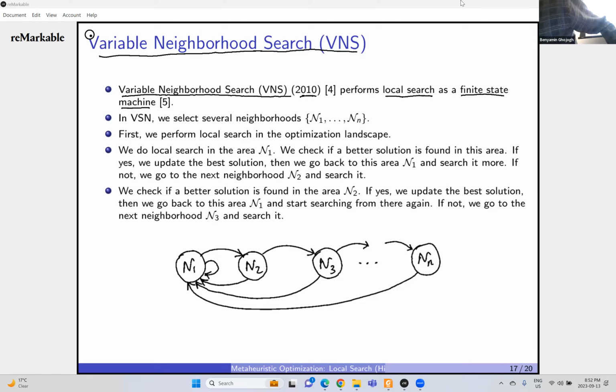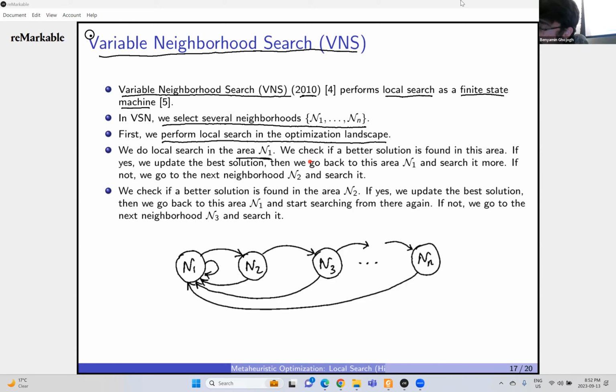And what does it do? First off, we select several neighborhoods, n1 to nn. So now I have n neighborhoods, right? Then we perform local search in the optimization landscape. The local search that we do, first off, we do it in neighborhood 1. So in neighborhood 1, n1, we search.